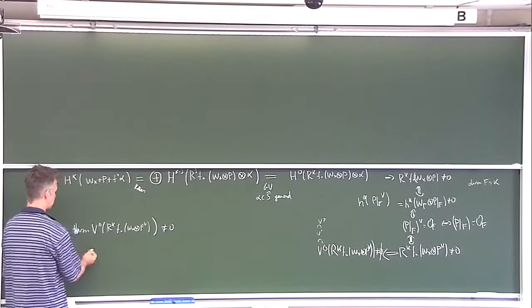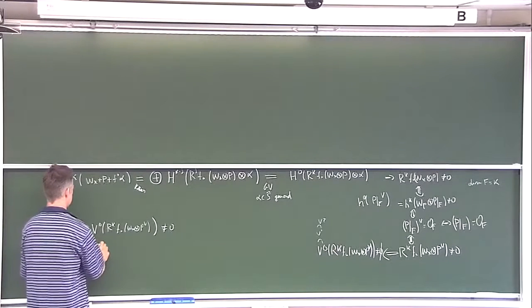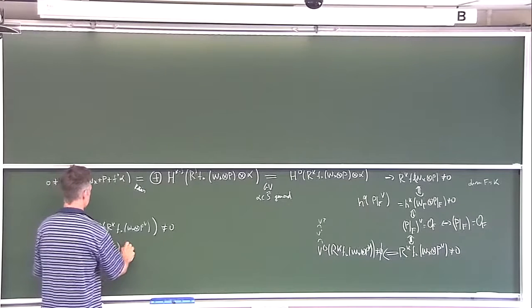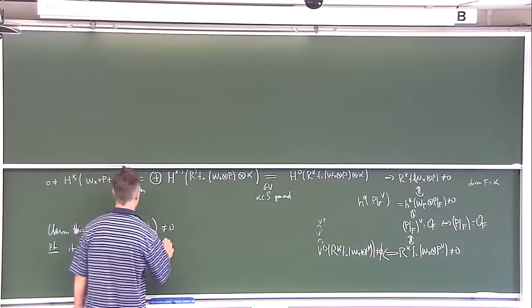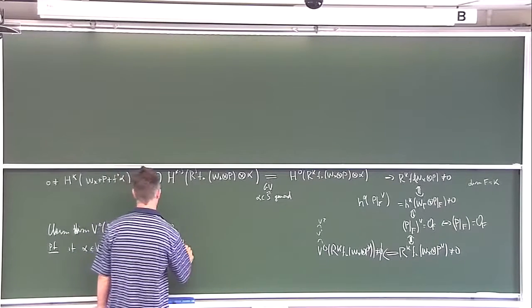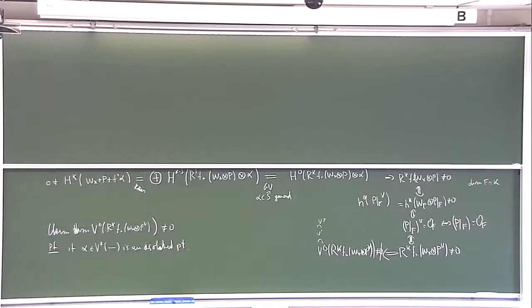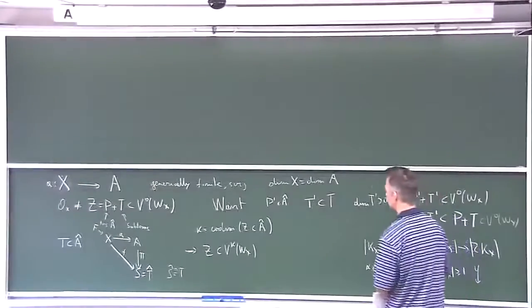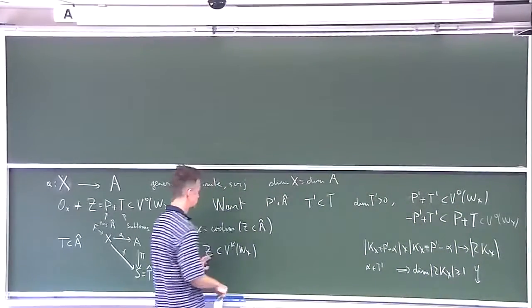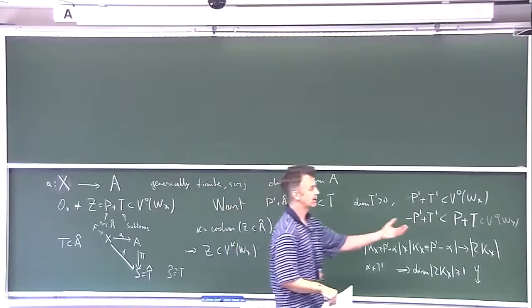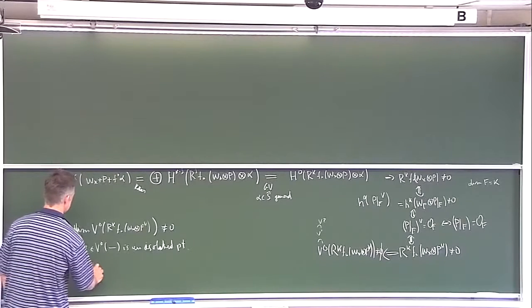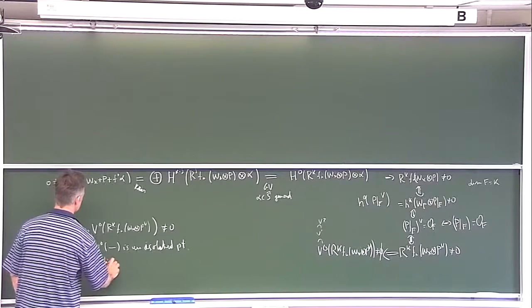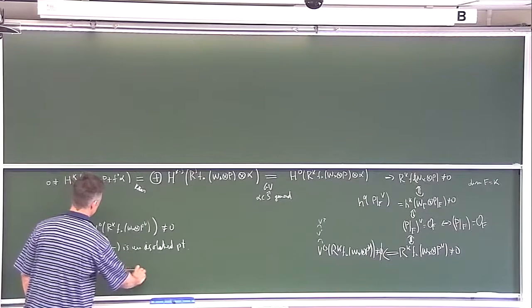Let's say alpha in V^0 of the same sheaf is an isolated point. Then by the same argument that allowed me to deduce that Z was also a component of V^k, right? Now, an isolated point has codimension equal to the dimension of S. Then I know that alpha is a point of V^{dim S} of the same sheaf.